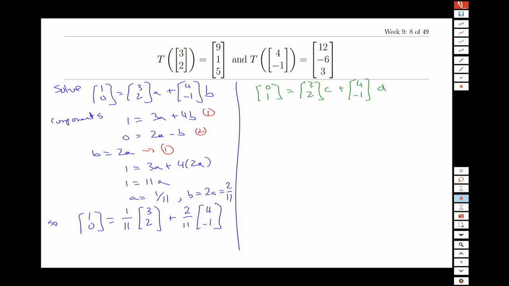All right, follow up. We do the same thing on the right-hand side. So we're going to look at components over here. We're going to get 0 equals 3c plus 4d, 1 equals 2c minus d. Kind of a toss-up which way to go. Let's go d equals 2c minus 1.